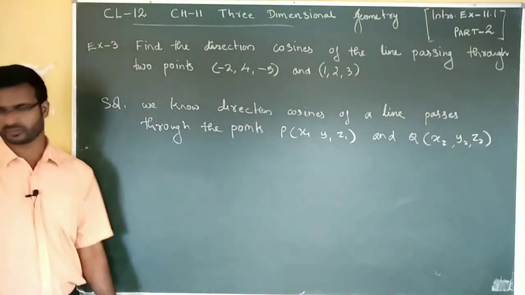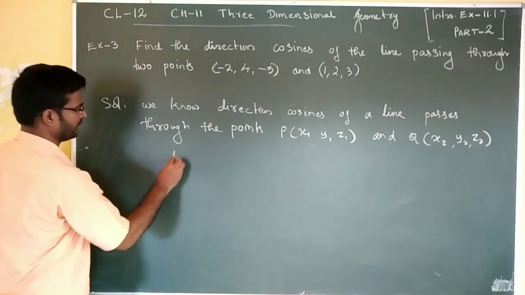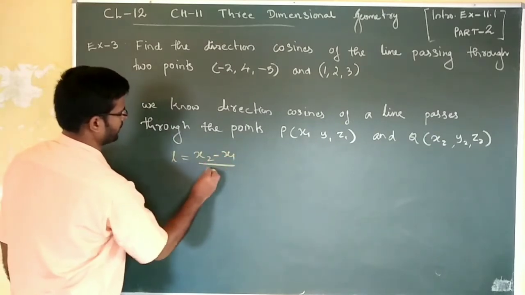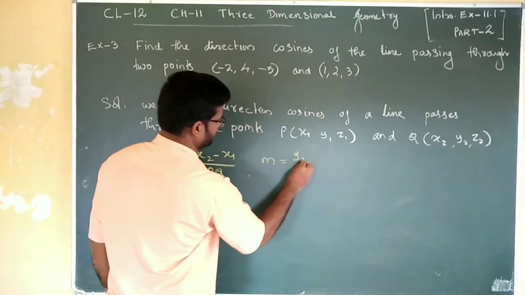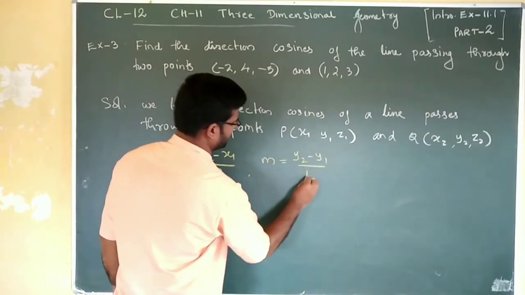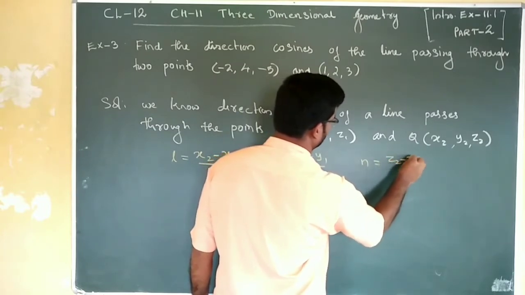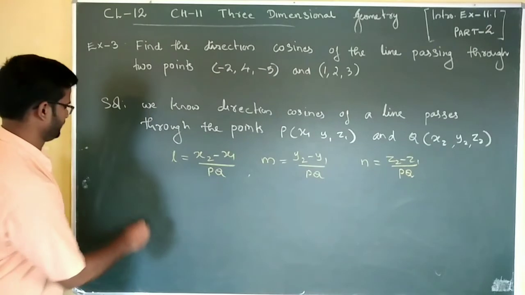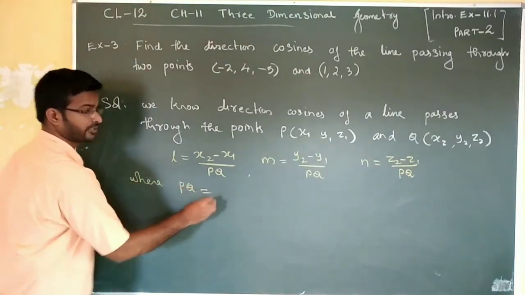Already we have studied one formula. The formula is l equal to x2 minus x1 divided by PQ, then m equal to y2 minus y1 divided by PQ, n equal to z2 minus z1 divided by PQ, where PQ means the distance between the 2 points.